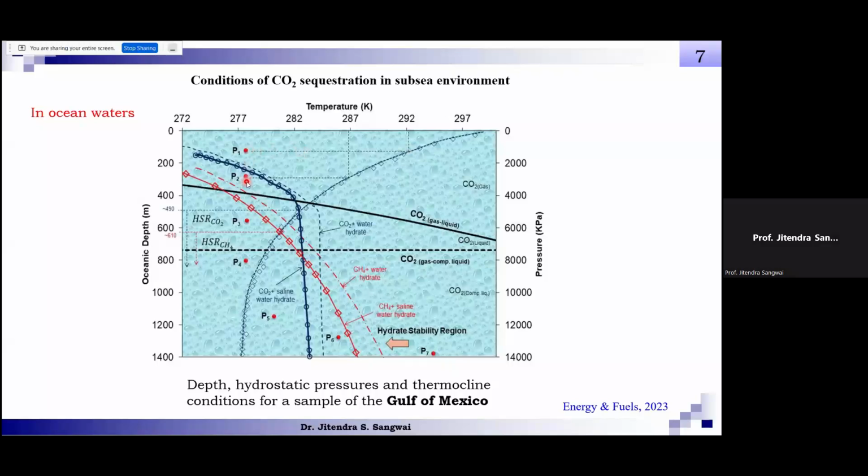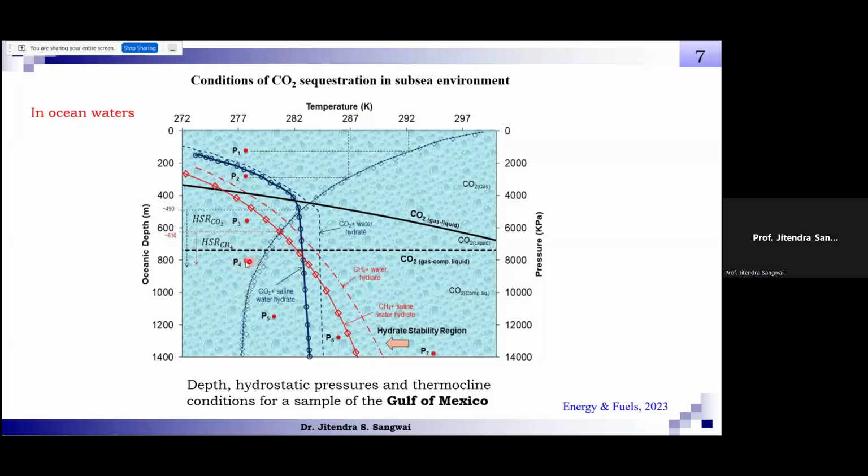Then as you go deeper, say P2, your temperature will decline to about 287 degrees Kelvin. As you go deeper, to P3, let us say, the temperature corresponds to about 282 degrees Kelvin. As you go deeper, the corresponding temperature over here is 4 degrees centigrade.